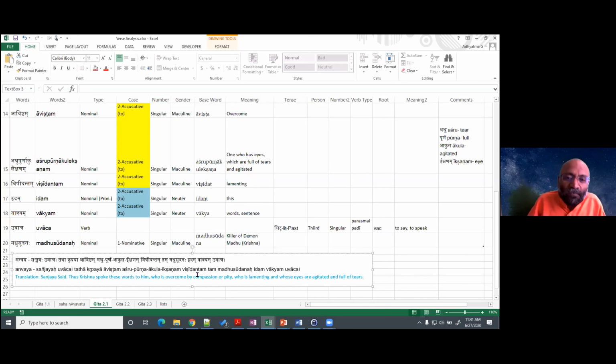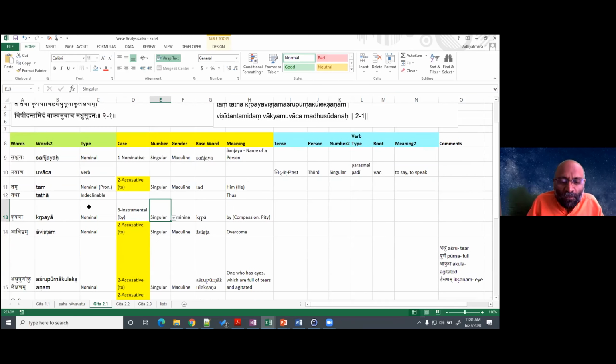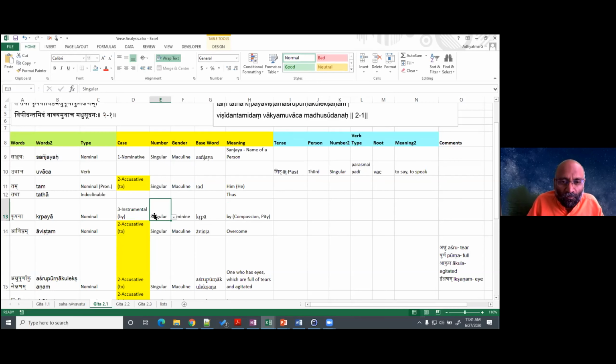So I hope this gives you an idea of how we analyze and understand the words in a Sanskrit verse to try to figure out the meaning. It may look pretty imposing if you look at the verse as a whole, like such long words, what do they mean? You understand some fundamentals of grammar and it becomes so easy to understand what it means.